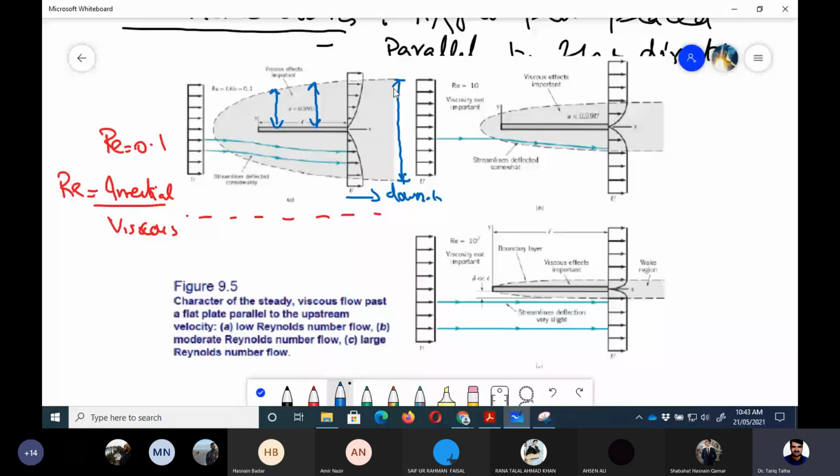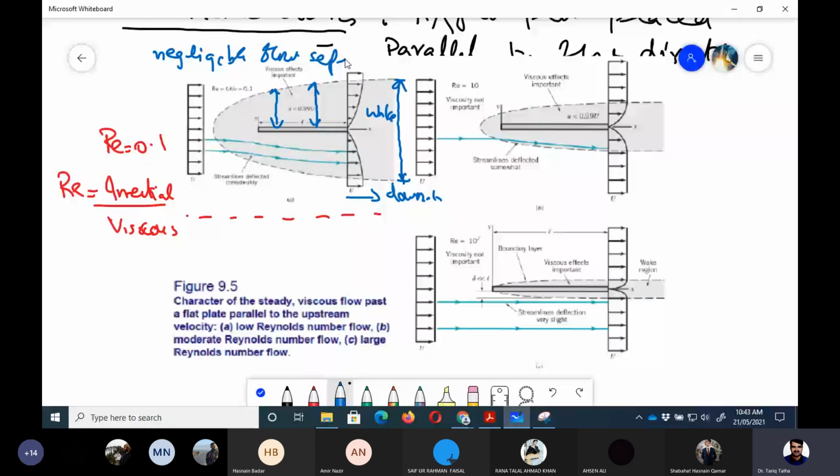So the wake region is very large, the boundary layer thickness is very large, and then is there any flow separation? No, because it is a streamlined body, so there is no flow separation at all for the flow past a streamlined body. So negligible flow separation.